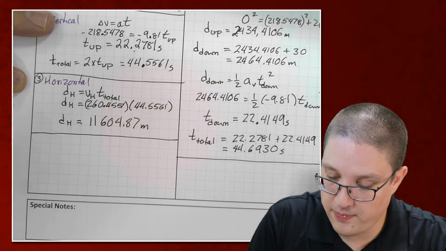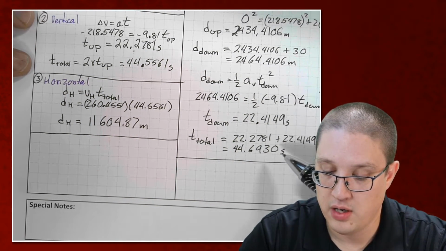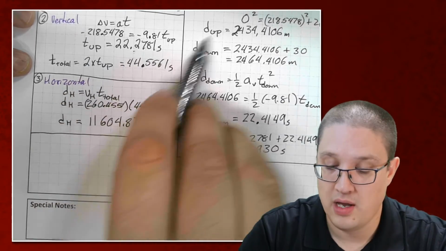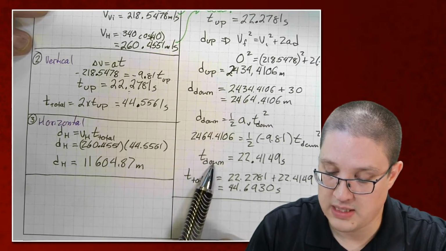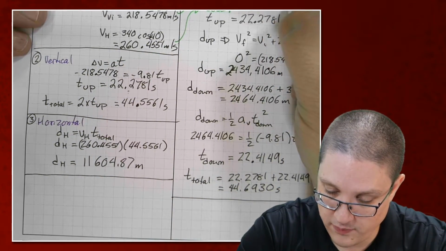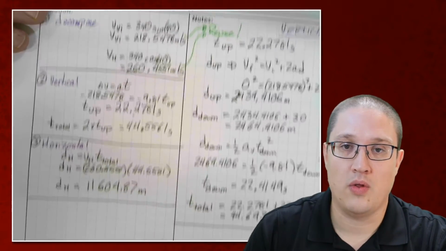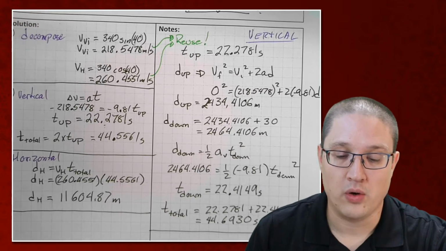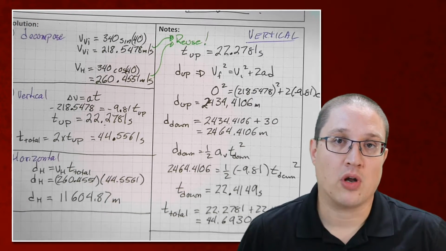This here is where the complexity comes in. All of this stuff here, finding the T up and then figuring out my D up, my D down, my T down, is finding out the vertical components here. So the vertical component, when you're launching and landing at a separate height, gets much more complicated.